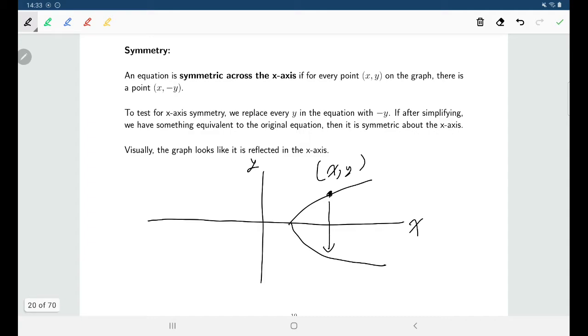So if you have an xy point, you'll also have a point with the same x-coordinate, but with the opposite sign for the y-coordinate. For example, if you knew the point 4, 1 was on the graph, you'd have to have also the point 4, negative 1 for this to be symmetric across the x-axis.